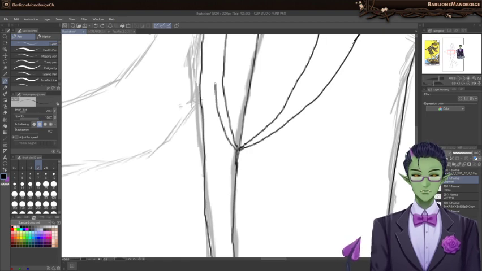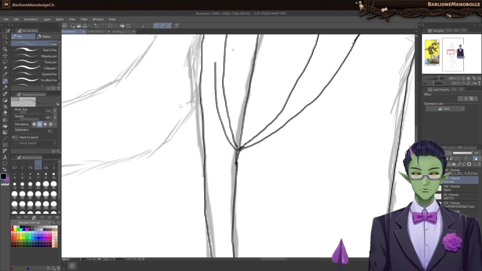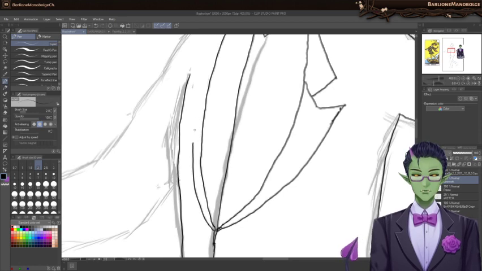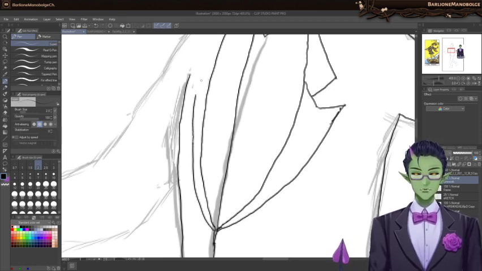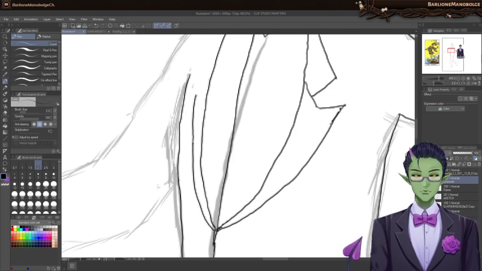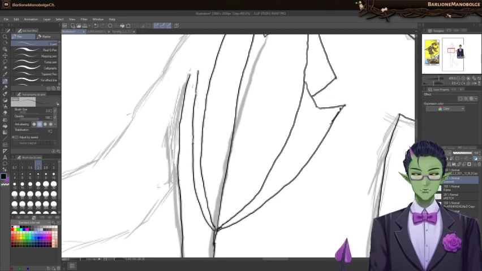This should be much thinner because of perspective. It's further away, so that means lower down, I believe.